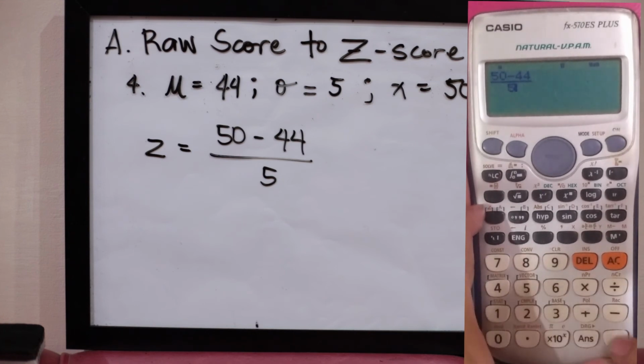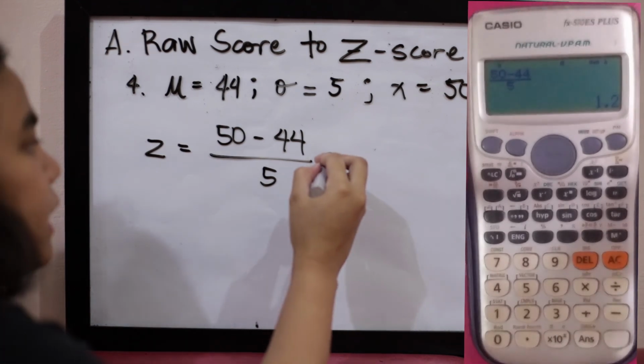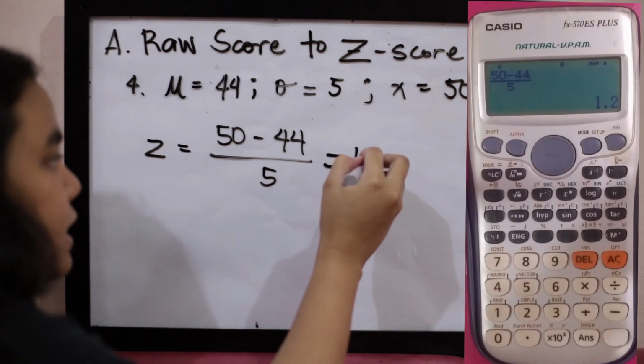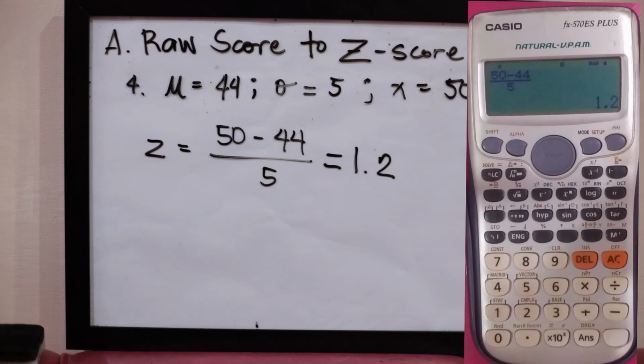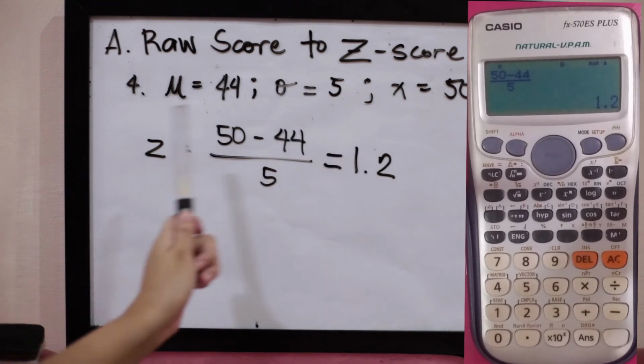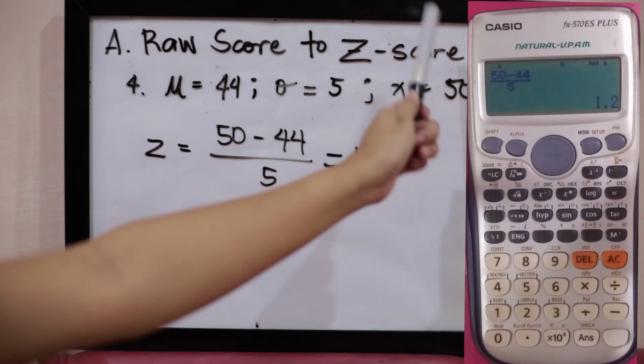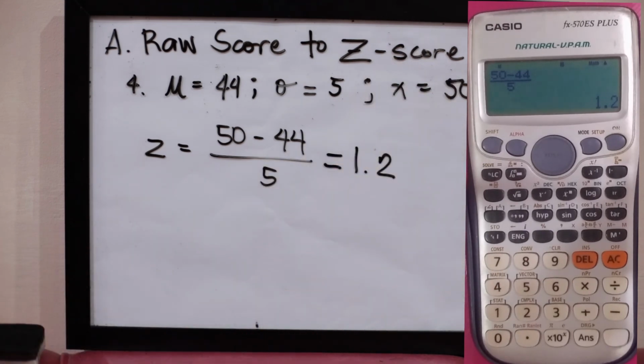The answer is 6 over 5. Again, you look for the functions F to D or S to D or B over C. Then you press that one. The answer will be in decimal form, and the C-score for a raw score na 50 is 1.2.